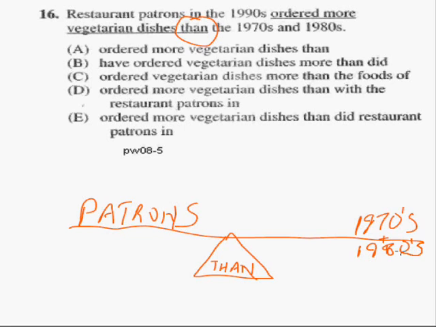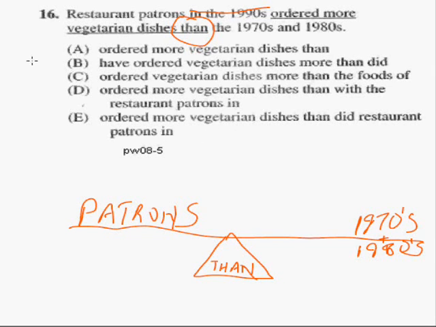Now remember, this in the 1990s is extra information, and so we would just cross that out. So what are we looking at? Restaurant patrons. Patrons than, so it would have to be than did restaurant patrons in the 1970s and 1980s.